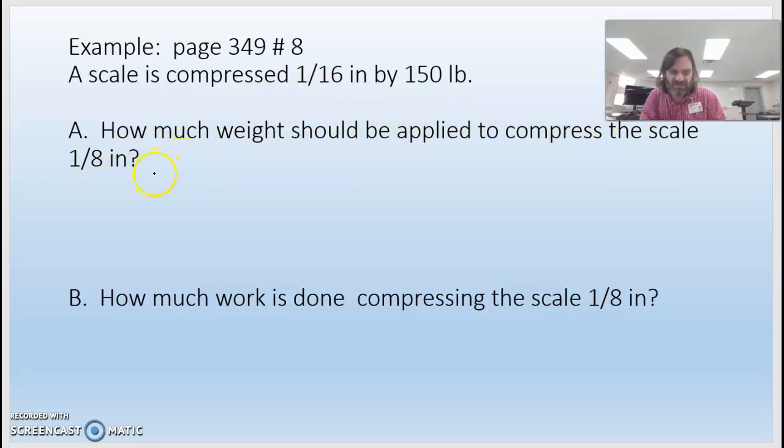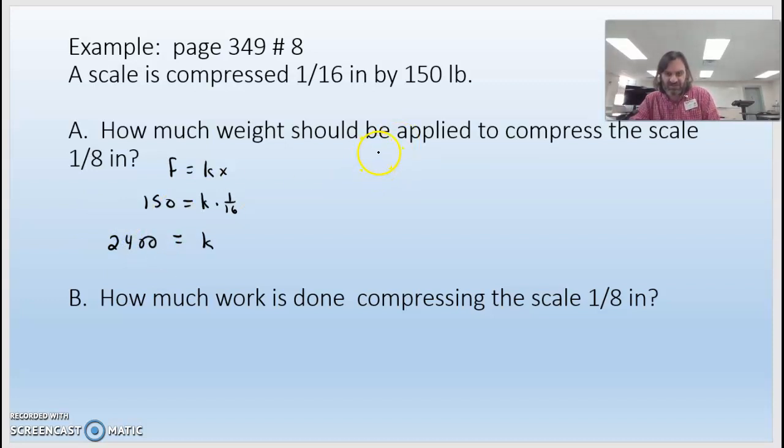Well, let's see here. We first of all need to backtrack and use our force equals kx. So we know from the given information that we have a 150-pound force to move 1/16 of an inch. So the k here will be 16 times 150, which would be 2400. So that's the force constant.